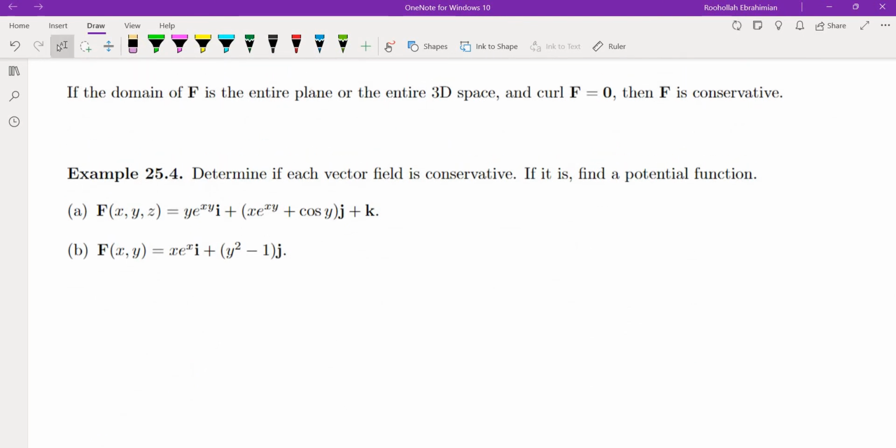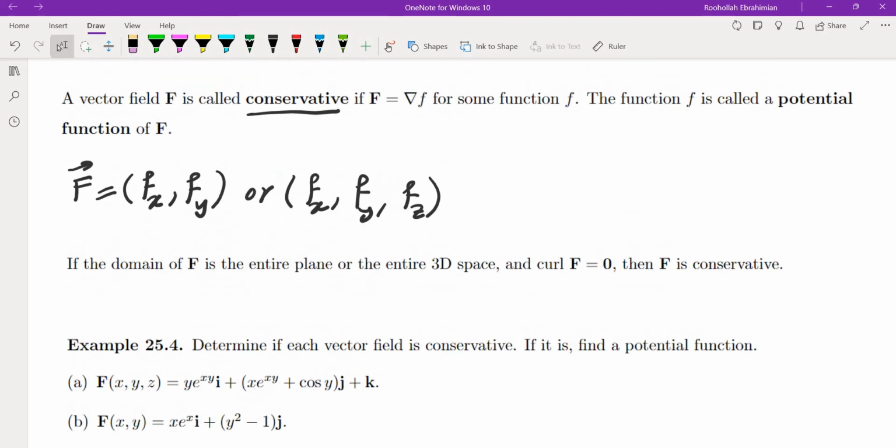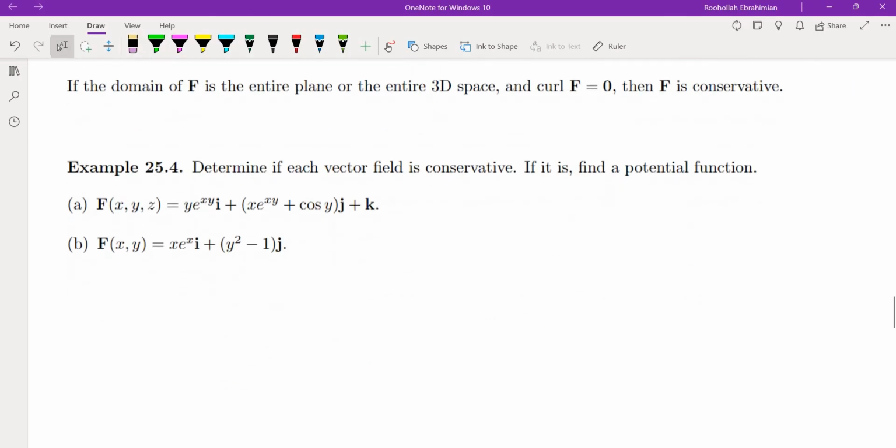Now, how do we know if a vector field is conservative? Well, the way we know is by taking the curl and showing that the curl is equal to 0, and also making sure that our vector field is defined over the entire plane or the entire three-dimensional space.